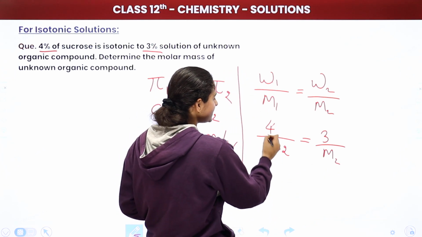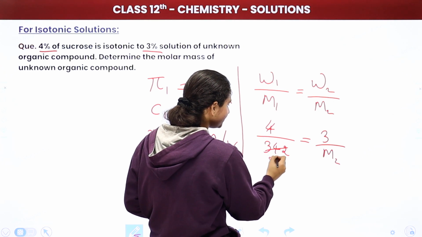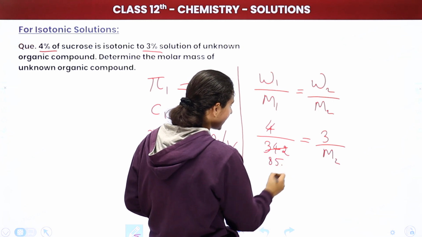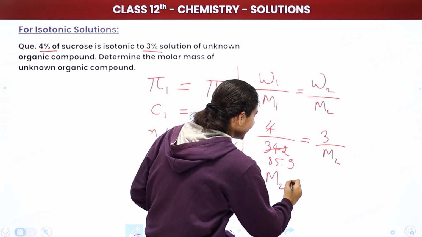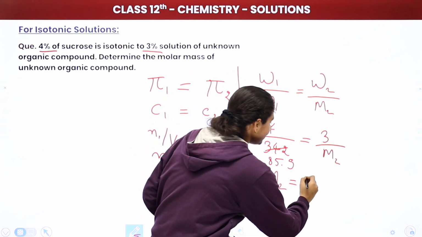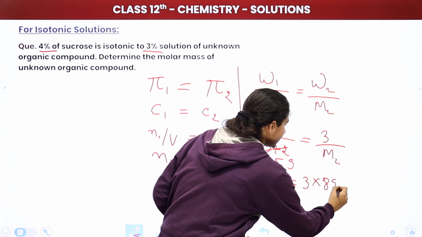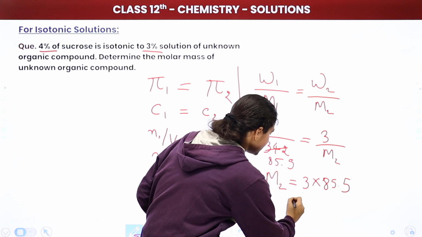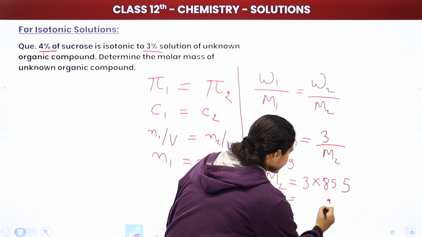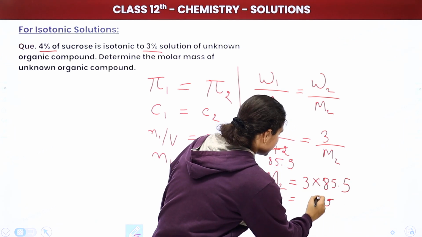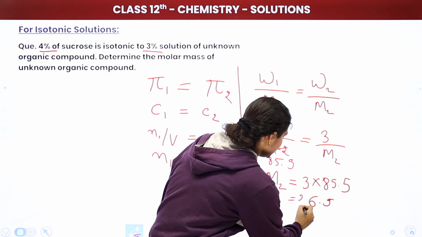If we cancel this, it goes by 8, then 5 and 0.5. So for M2 we just have to multiply 3 into 85.5, which comes out to be 256.5.